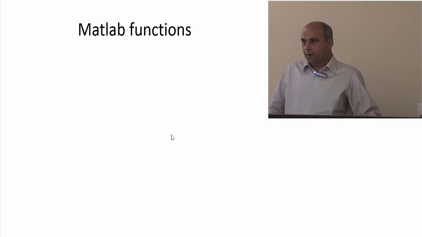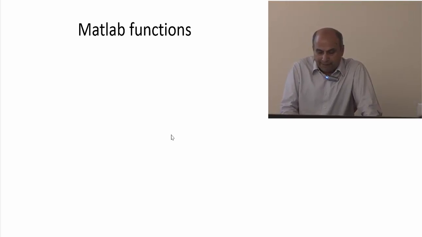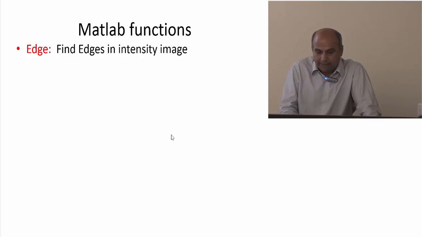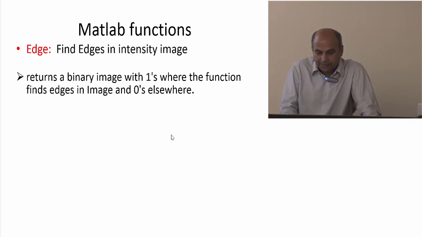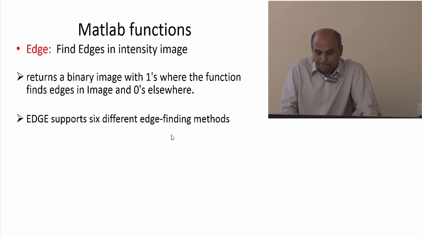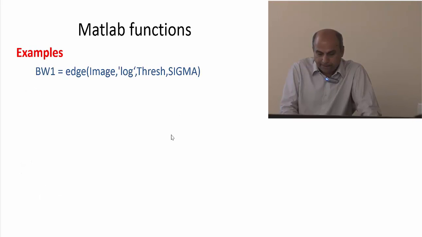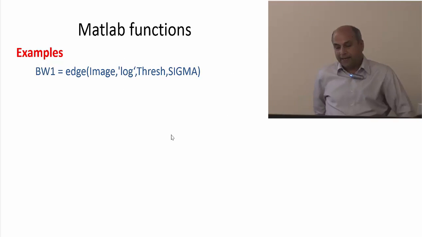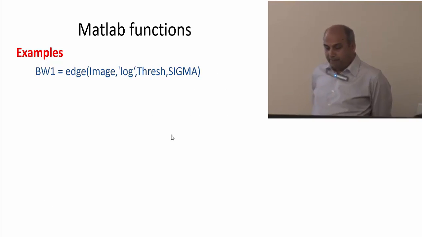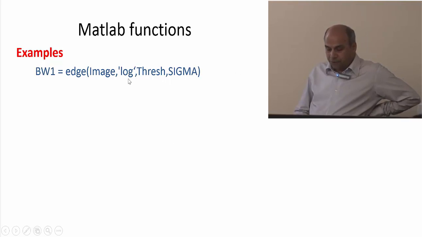Let me finish this. Okay, so let's look at MATLAB functions. MATLAB has a function called edge, and that supports 6 different edge finding methods: Sobel, Prewitt, Canny, Roberts, Laplacian of Gaussian, and zero crossing. So suppose you say edge, image, LoG, which is short for Laplacian of Gaussian, then a threshold and a sigma.